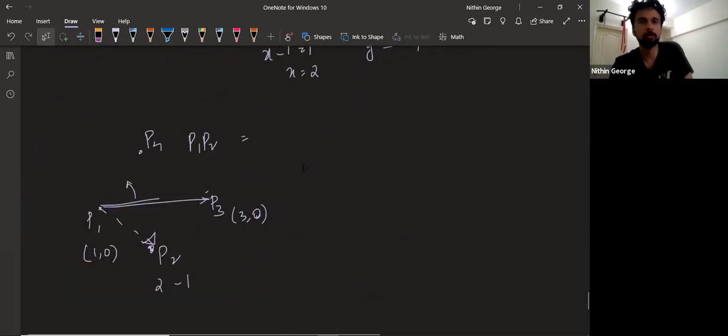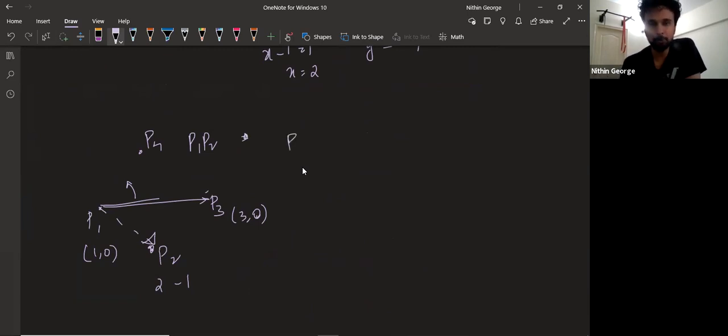Okay. So let's take P2 and move it to P4. All right. So how do we move P2 to P4? So you take P1, P2. Okay, I'll tell you the plan of action. You take P1, P2. It's the same length, right? P1, P4. It's a square. And rotate it by 90 degrees. In what direction?